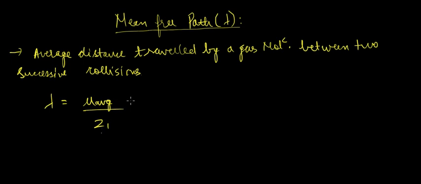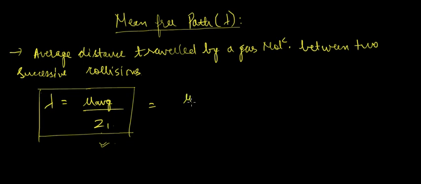It was moving with average speed U average, and the total distance traveled would be just U average divided by Z1. So just keep this in mind. This would be nothing but U average divided by root 2 pi sigma square U average into n star.